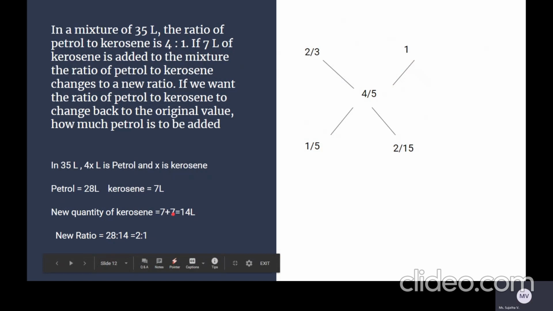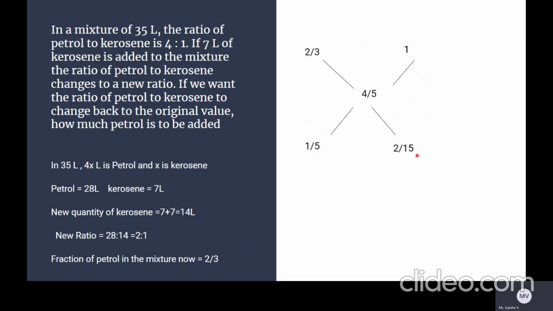It became 42, right? So now this mixture, when it comes to this ratio 2:1, the total quantity N1 should be 42, okay, and this 42 is being mixed with this petrol, right? How much petrol? We do not know. So 42 by X should be equal to this ratio.